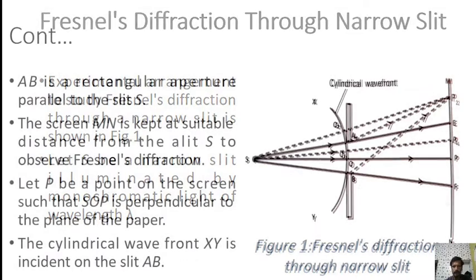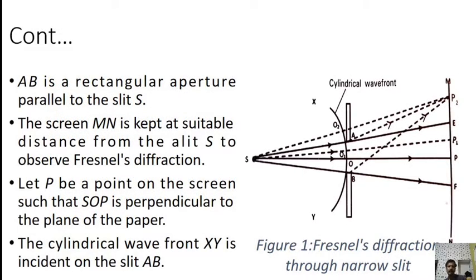Now I am going to discuss. So look here, AB is a rectangular aperture placed at the slit S. Look at AB, aperture. Aperture means a small opening, through which light can pass.